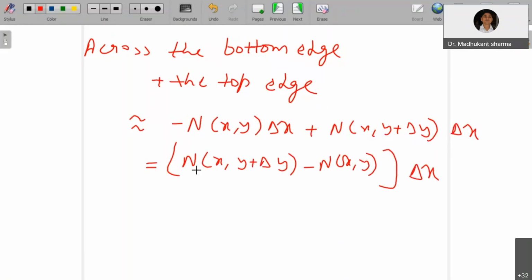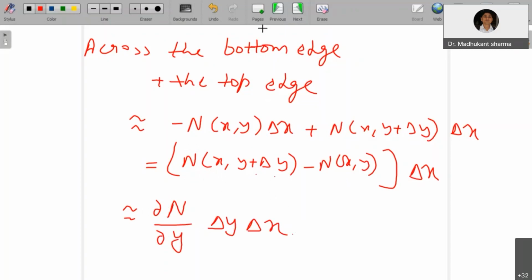If you assume that the component has continuous first order partial derivatives, then because you have the increment in the direction of y, it can be approximated by dou n by dou y times delta y delta x.